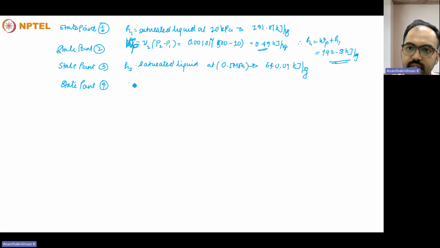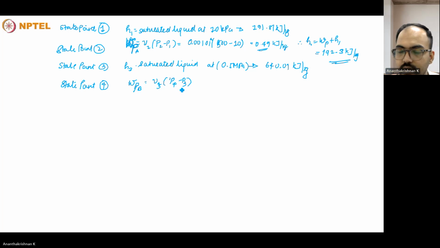H4 just like the previous case. Work done in the pump will be equal to nu3 into P4 minus P3. So P4 will be 15 megapascal, and P3 will be equal to 0.5 megapascal.